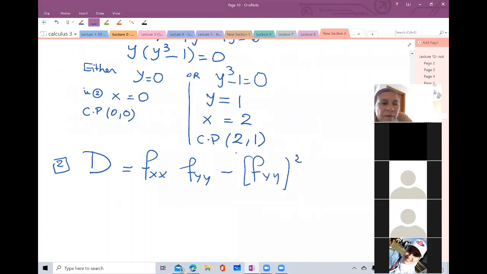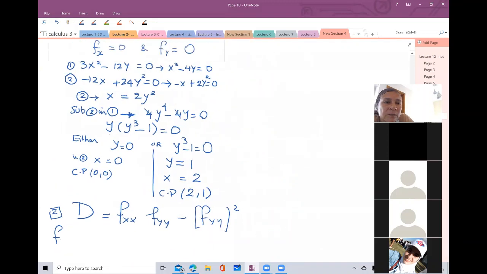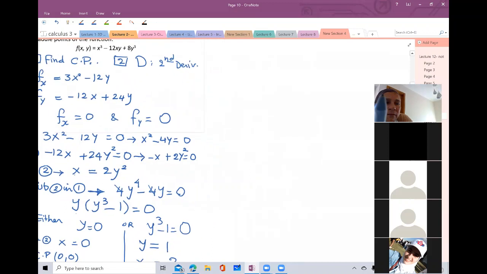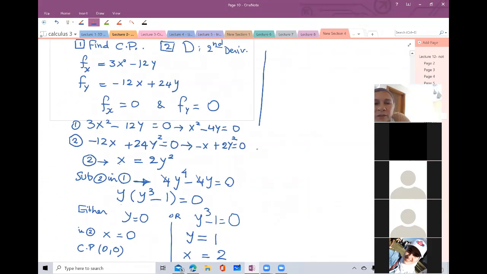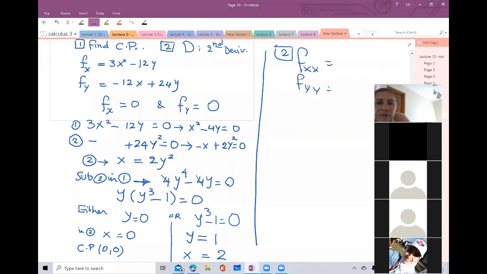Let's prepare. I'm going to go up and write it to the side so it stays with us. To prepare for the next step I need my second partial derivatives fxx, fyy, and fxy.